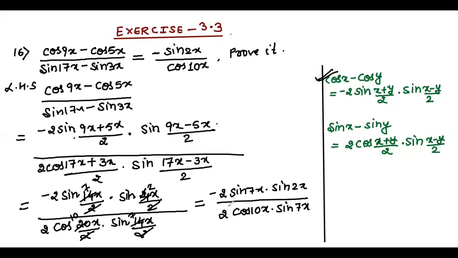Here we can reduce the 2 in the numerator and denominator, and also sin 7x with sin 7x. So finally we are getting minus sin 2x by cos 10x, and this is equal to the RHS. So it is proved.